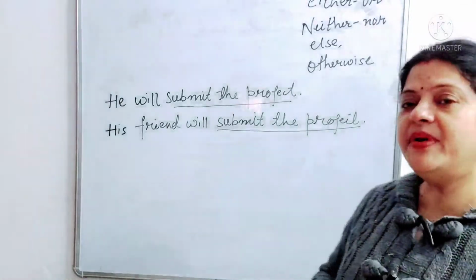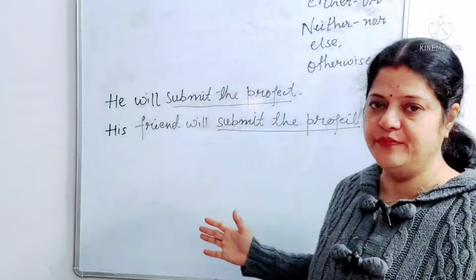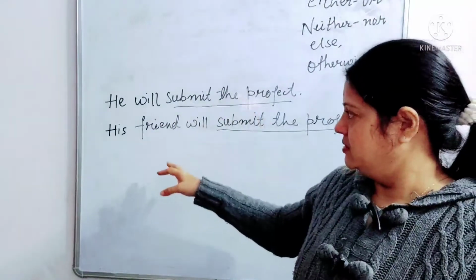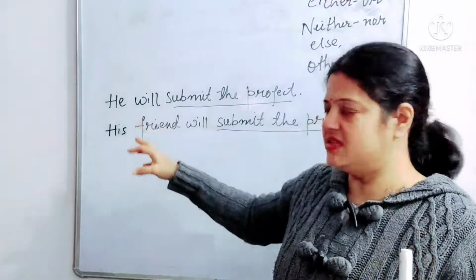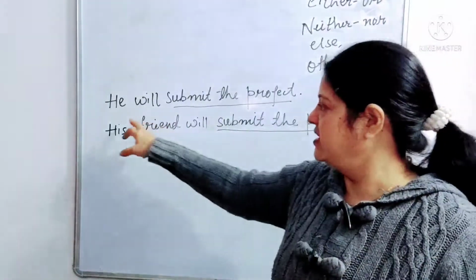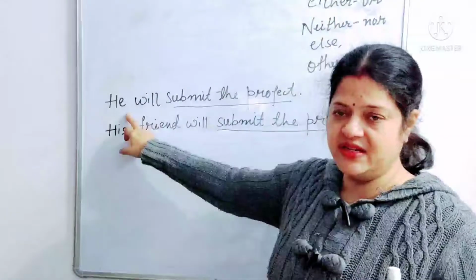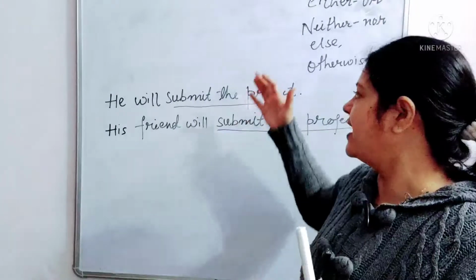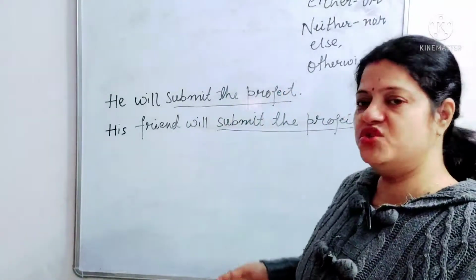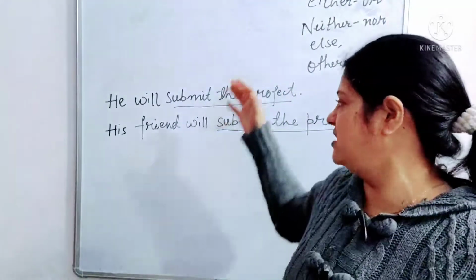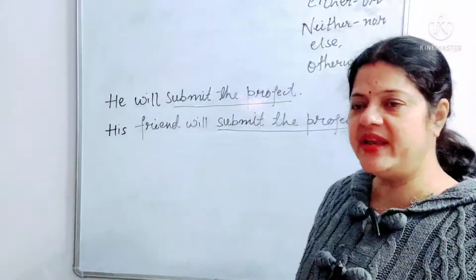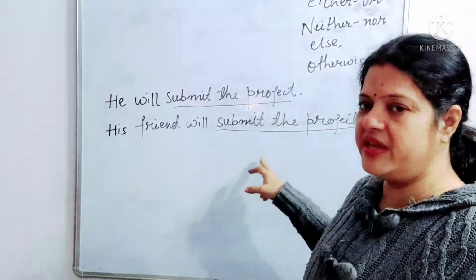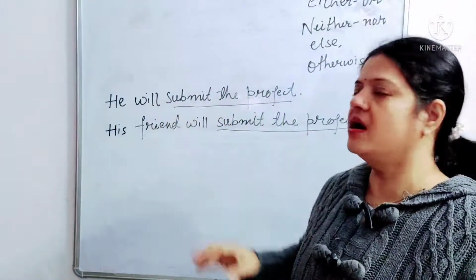So we find that the predicate part is the same. Okay, but the subject part is he in one sentence and in the second sentence his friend. So we find that in these two sentences the predicate parts are the same, only the subjects are different.